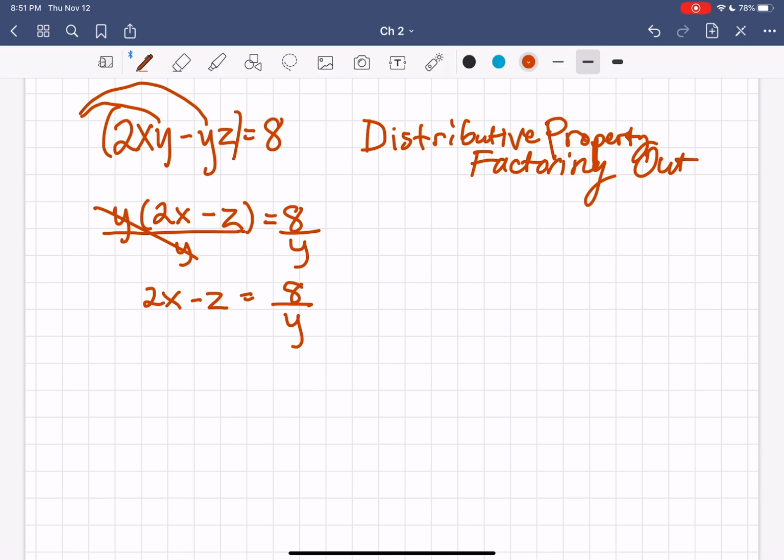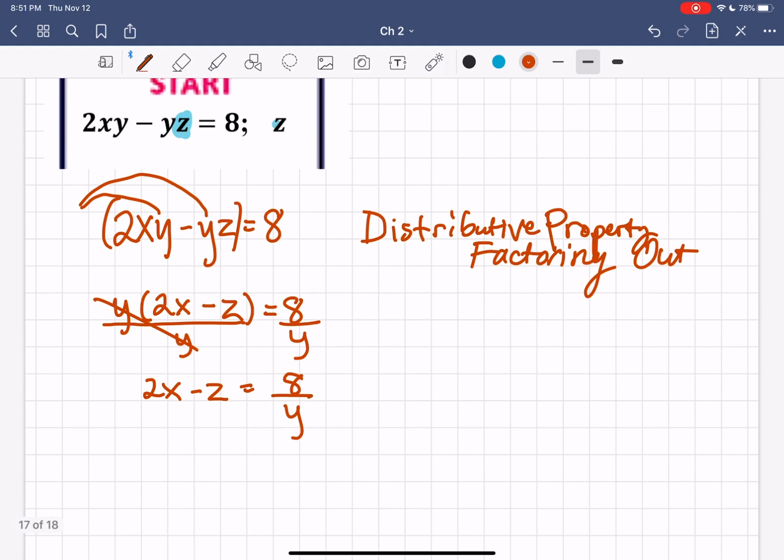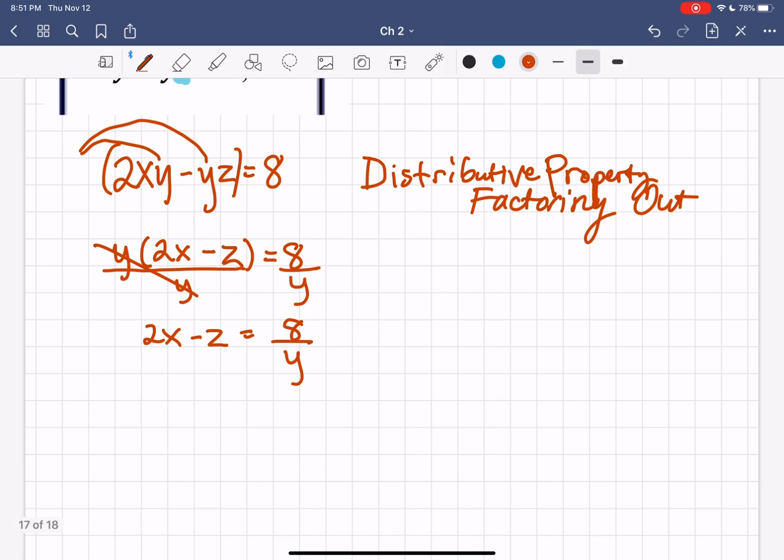Not the best thing, but it's the way that it is. Now I'm solving for z. I need to move this 2x, minus 2x, minus 2x, negative z equals 8 over y minus 2x.